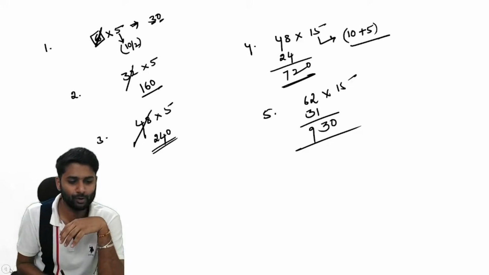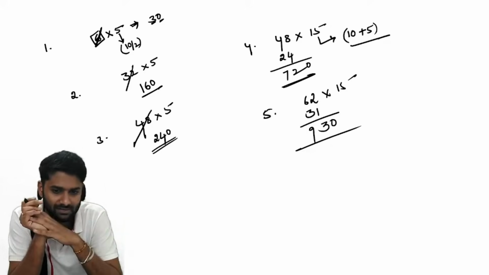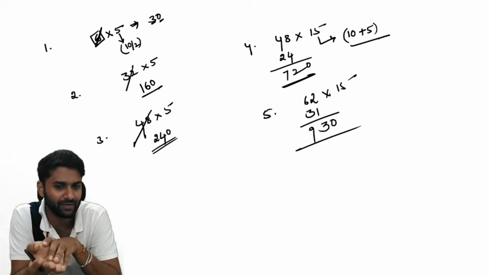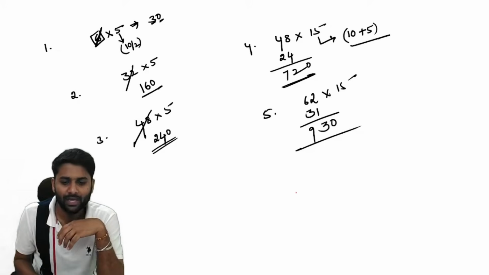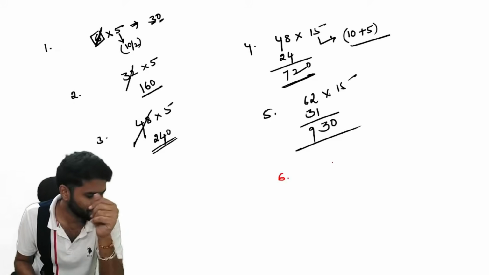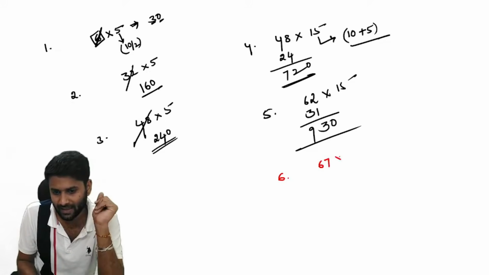Now again you have a question. I understand that. You have a question, sir. It's all about the even numbers. We have multiplied 48 into 15, so 48 is an even number, and 62 is also an even number. If you pick any odd number, what can be the resultant? I will clear your doubt. Let's take an example. If 67 is multiplied with 15.